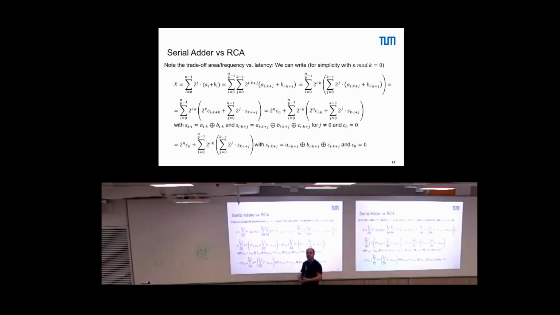We can split this into equally large parts, so you can split a sum into subsums. So we can split into n divided by k parts, each of k bits length. And then we can rewrite the same equation like this.